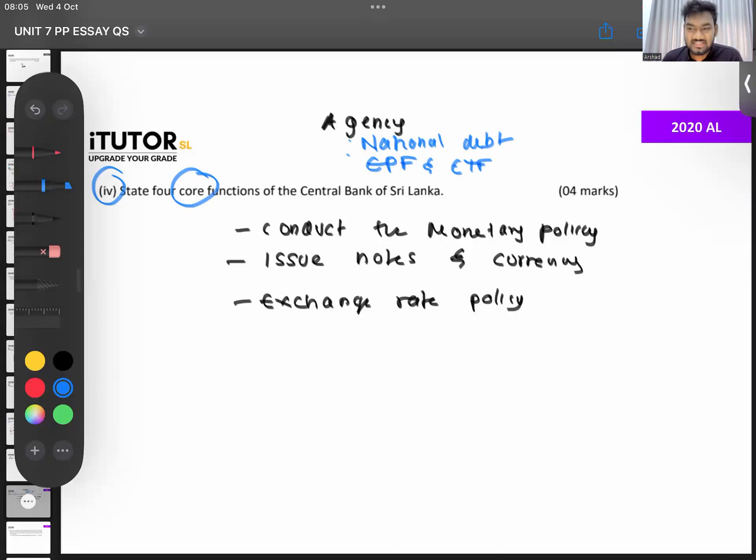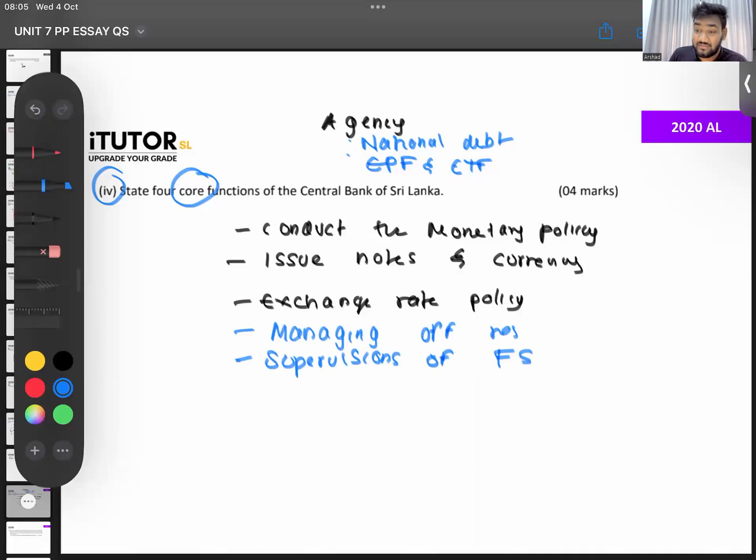The exchange rate policy is controlling the exchange rate. So you can say managing the official reserves of the country, supervision of banks, supervision of even the financial system itself. You can talk about those now. So remember to write the core functions. Don't go and write agency functions, because they're asking for this.